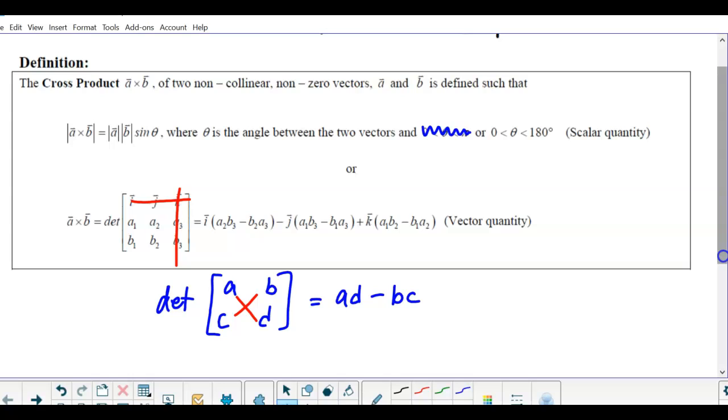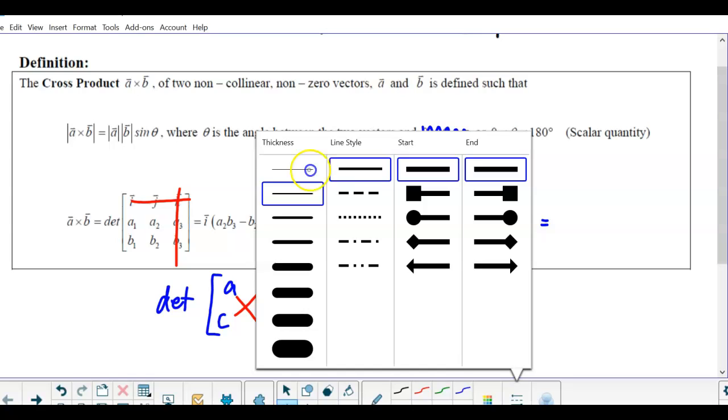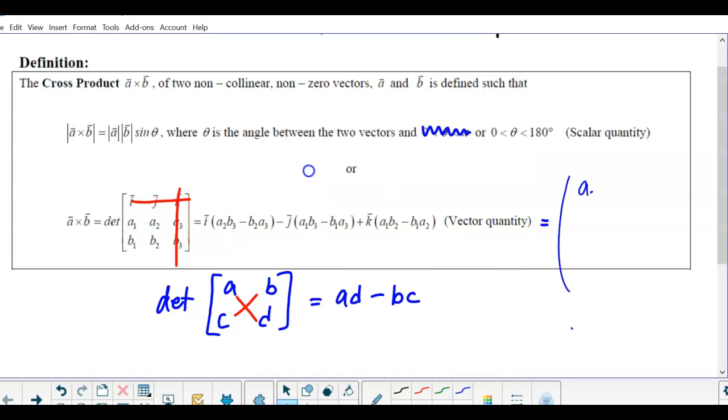Now, if you take a look in your formula booklet, it actually doesn't show this process. It goes right to what we end up with here, these three components, because that's for I, J, and K. So really what that's equal to, and this is more often what you'll show it as, is a vector. When you take the cross product of two vectors, you get a vector. And then there's your first component, A2B3 minus A3B2.